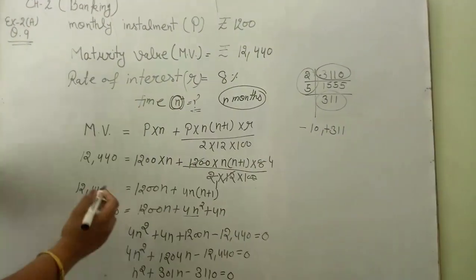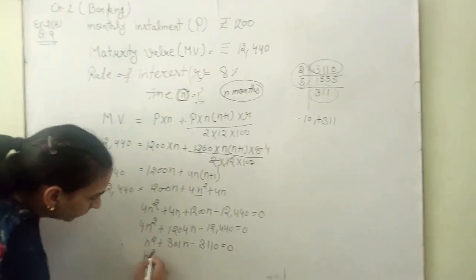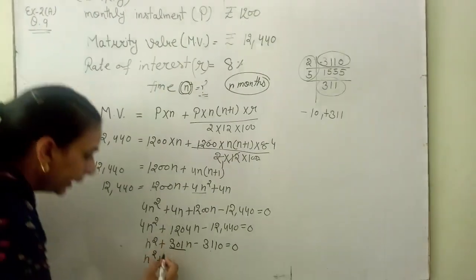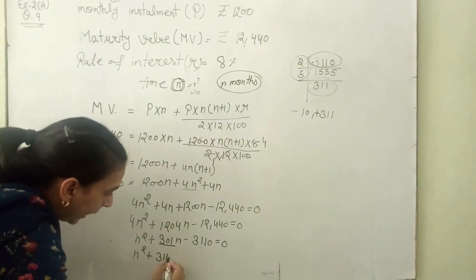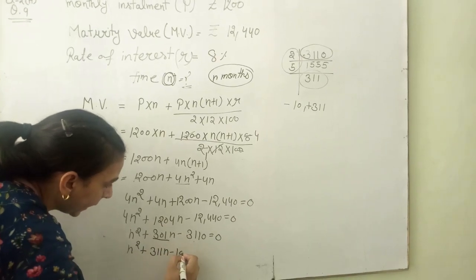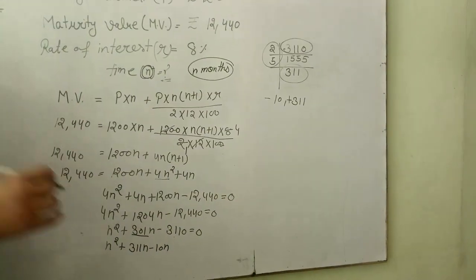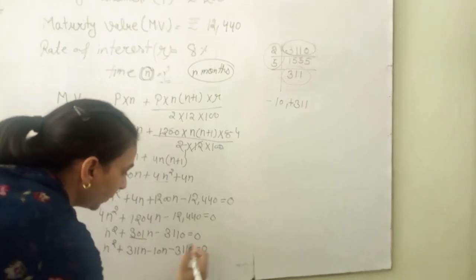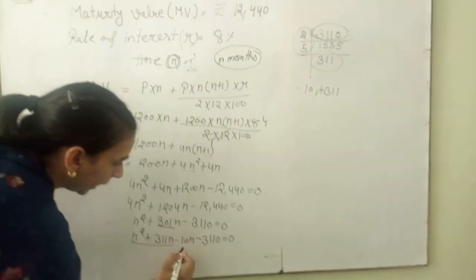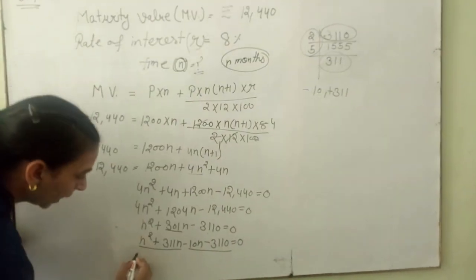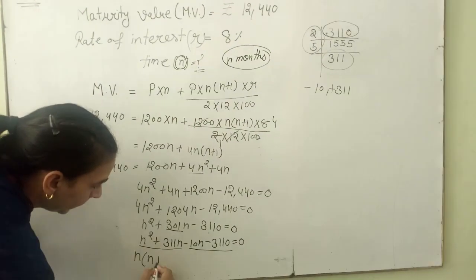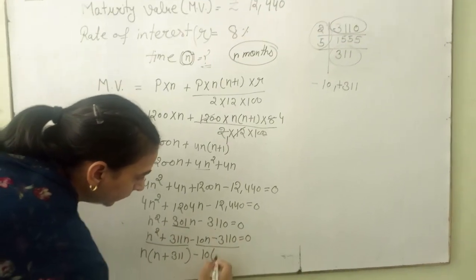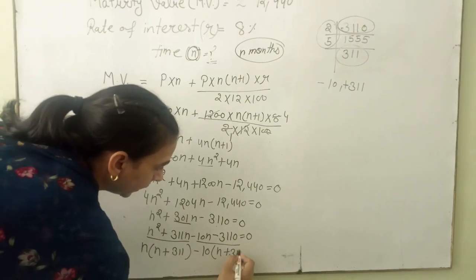So n square, in place of 301n we write 311n minus 10n, minus 3110 equal to 0. Taking the first two and last two terms, n is common: n into (n plus 311) minus 10 common, so 10 into (n plus 311).